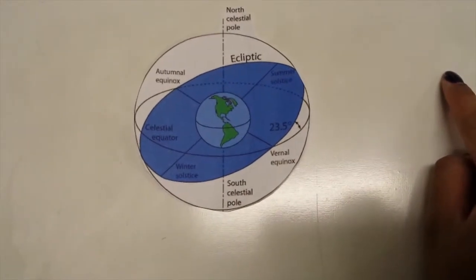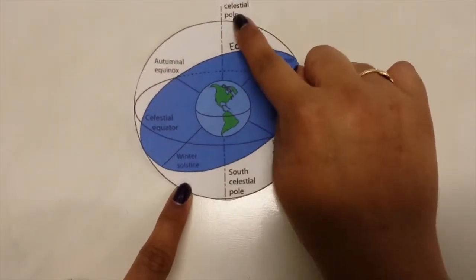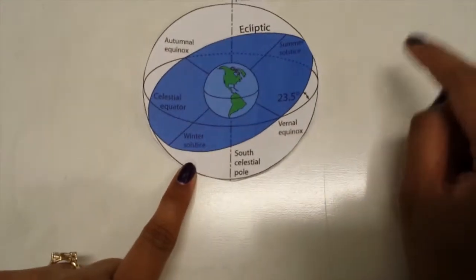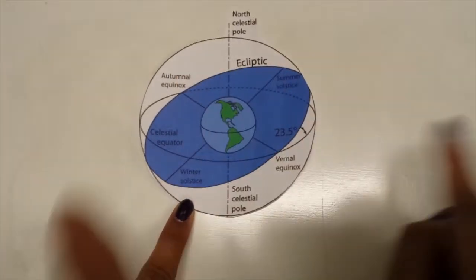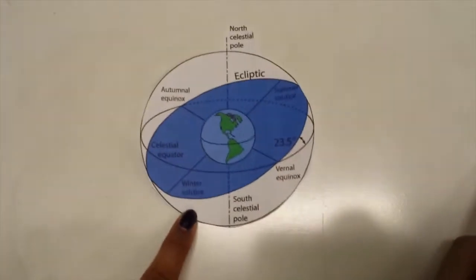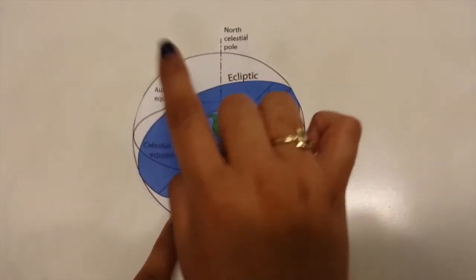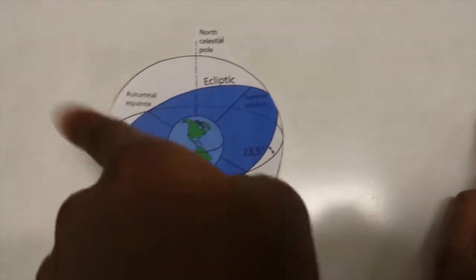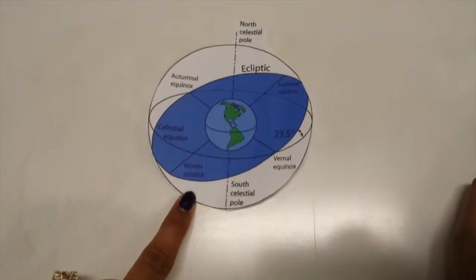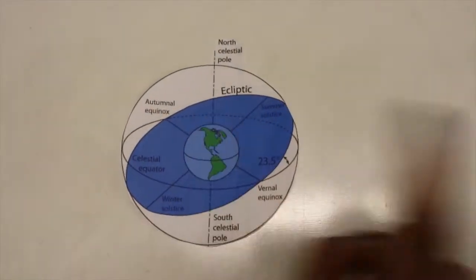From a northern hemisphere point of view, the spring equinox is on March 20th or 21st, and the autumn equinox is on September 22nd or 23rd.